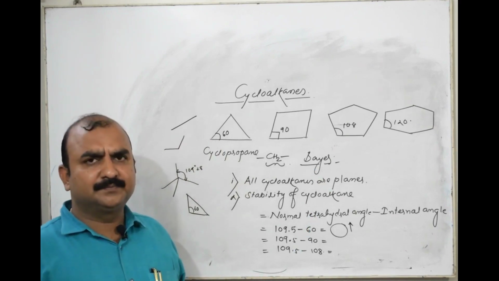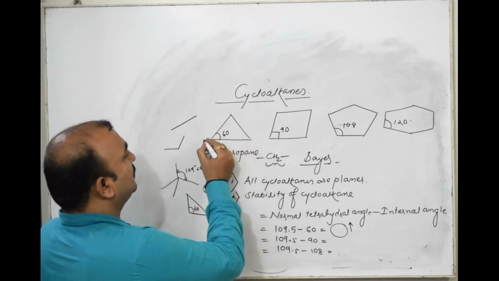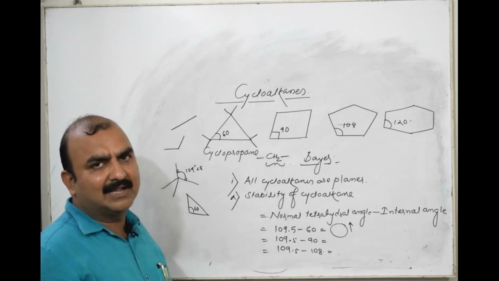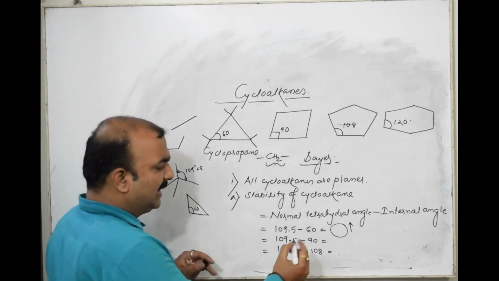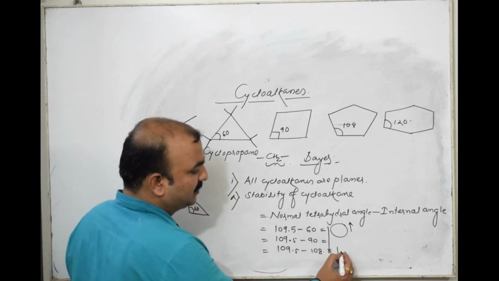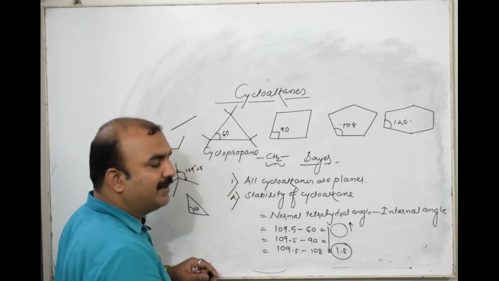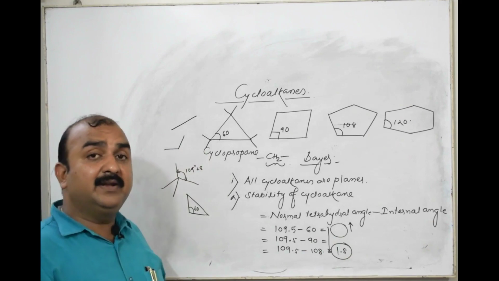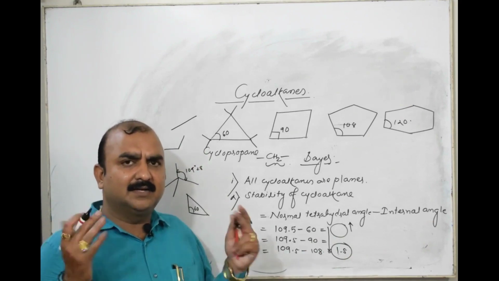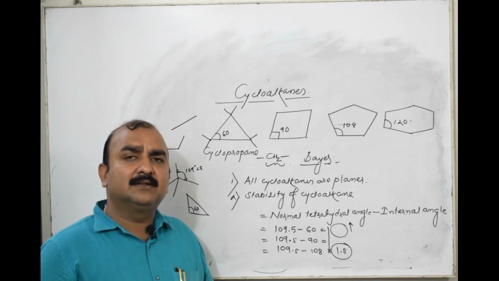It is true. Cyclopropane as a molecule is so small that it will remain in the plane and it has the highest angle strain. But as we go down and reach cyclopentane, there was only 1.5. And according to Baeyer, cyclopentane was found to be more stable. It was planar. It is correct.